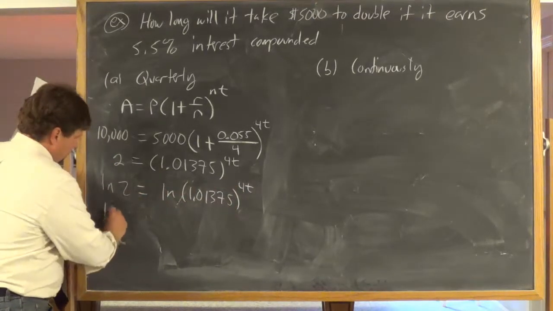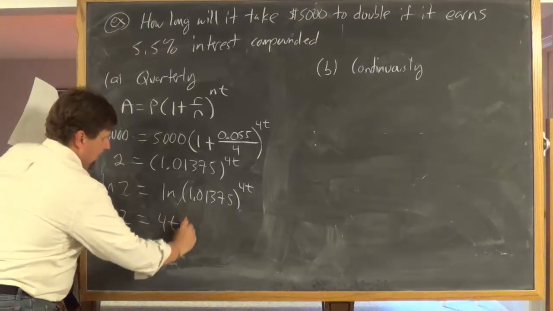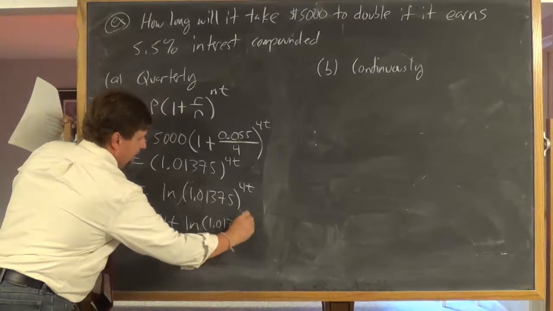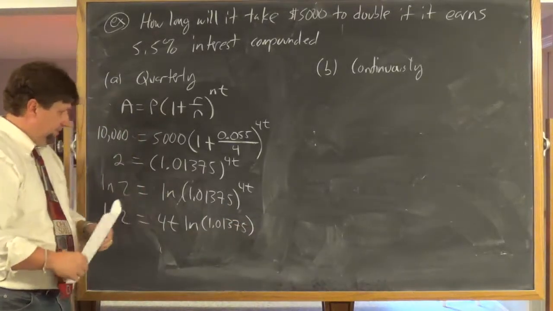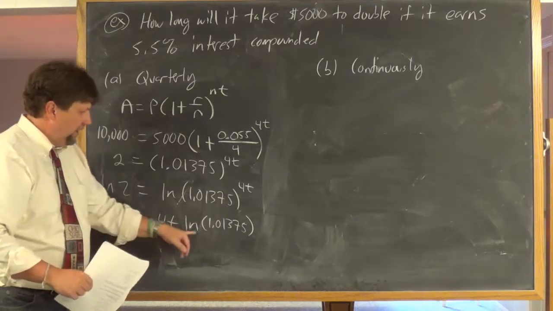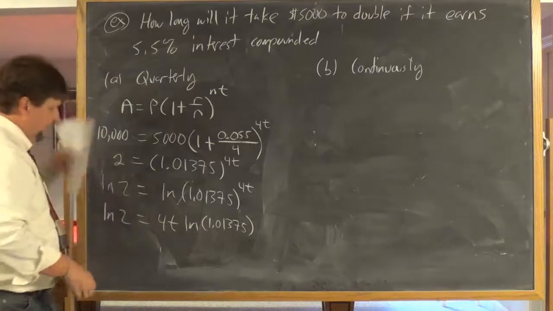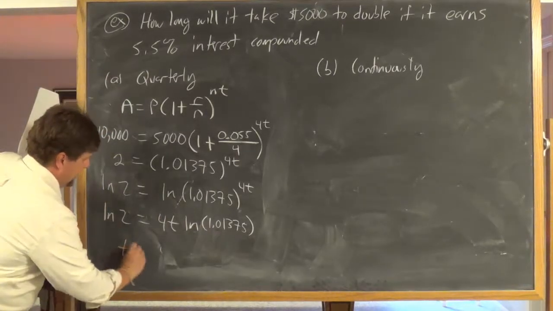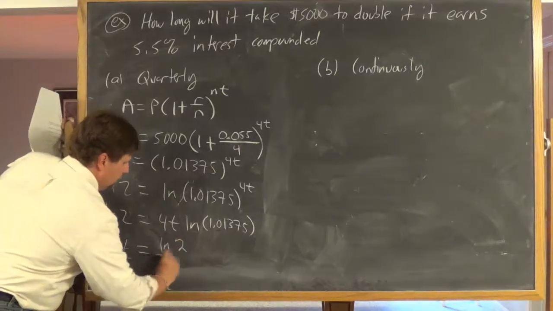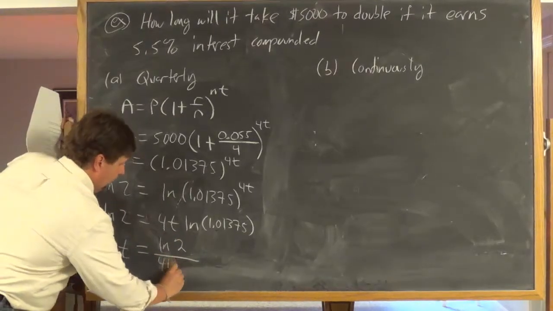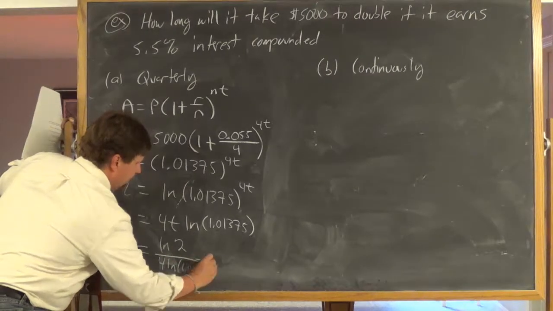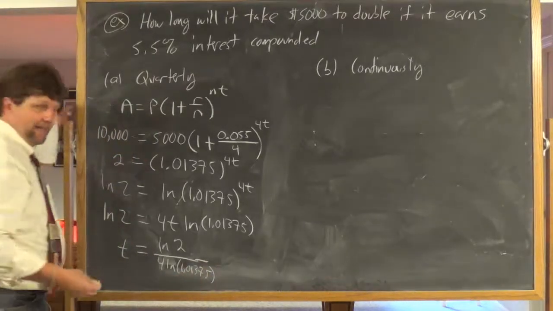So you have the natural log of 2 equals 4t times the natural log of 1.01375. Then you can divide both sides by 4 natural log of 1.01375 to get t equals the natural log of 2 divided by 4 natural log of 1.01375. That would be the exact answer.